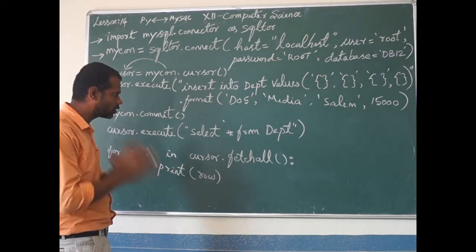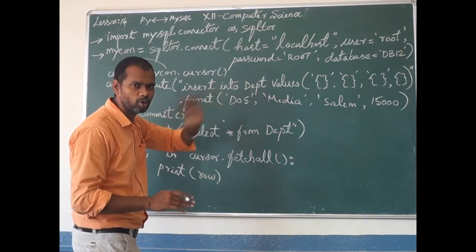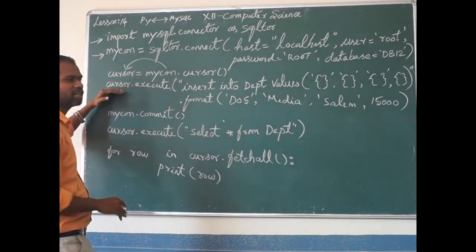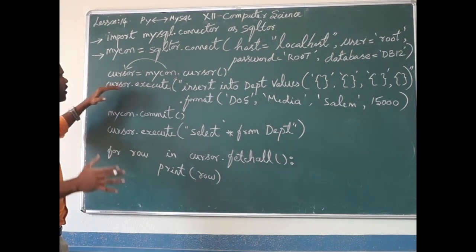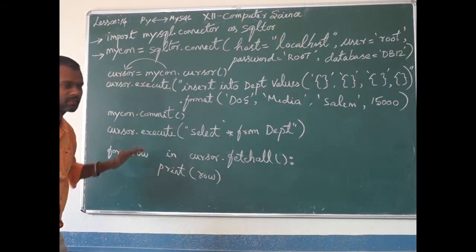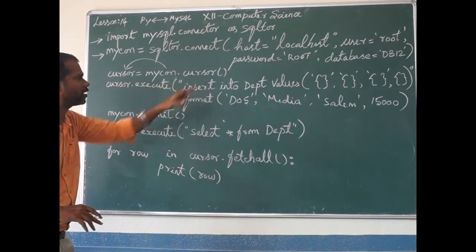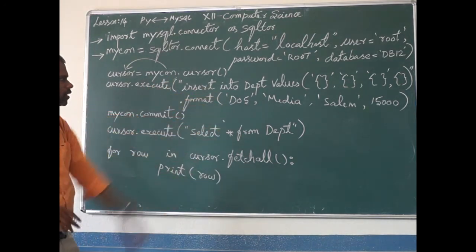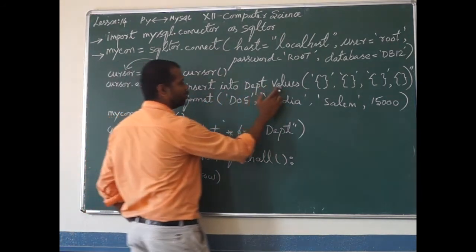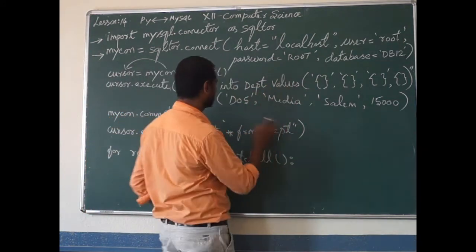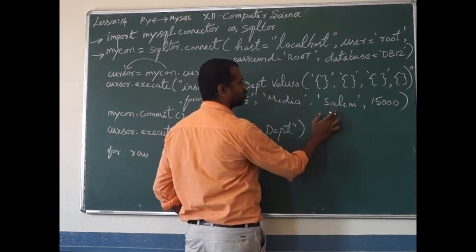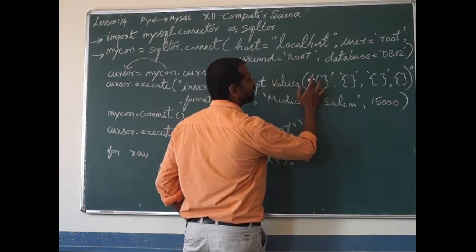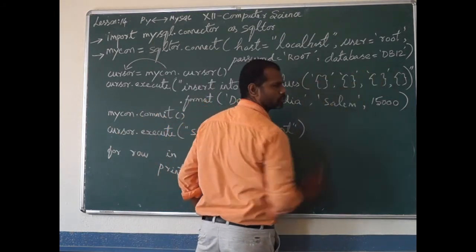Clear? Let me say again: before you give the insert code, you have to write cursor.execute. So cursor.execute, open bracket, close bracket, and inside you write insert into dept values. As I told you, for varchar use curly brackets with single quotes.